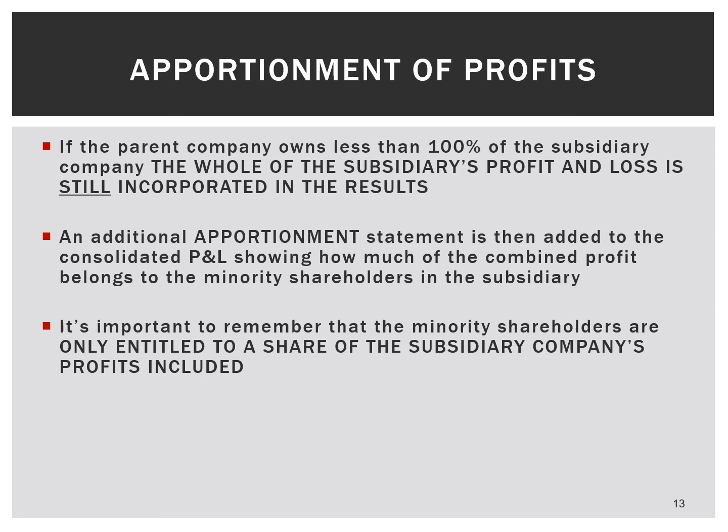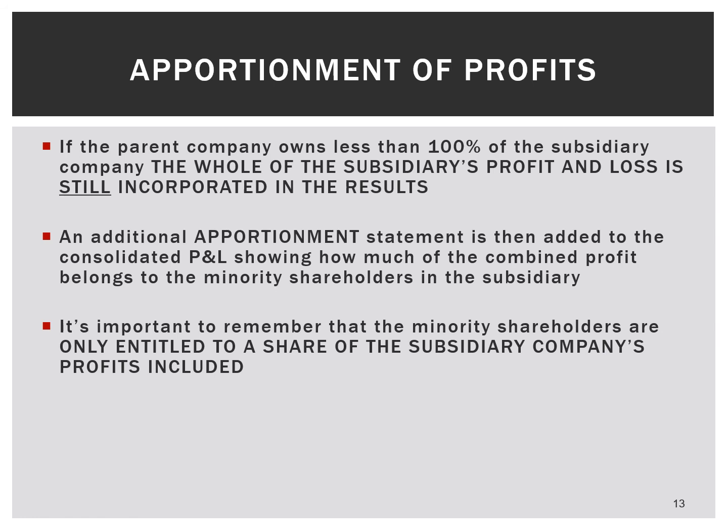It's a mistake that students often make when you're preparing the apportionment statement. The minority shareholders are only entitled to a share of the subsidiary company's profits, not the profits of the entire group. So it's not a percentage of the group's profit that belongs to the minority shareholders. It's only a percentage of the subsidiary company's profits that are included in the group accounts that they're entitled to.